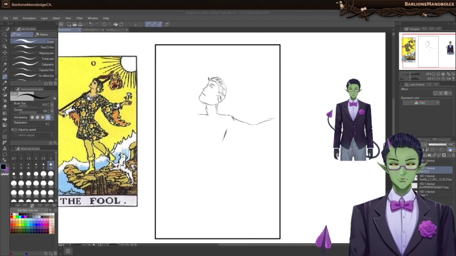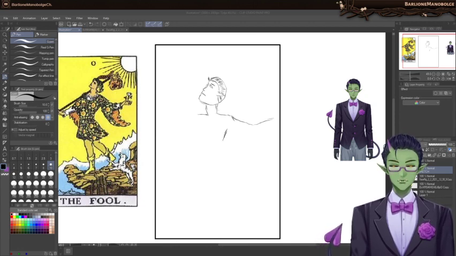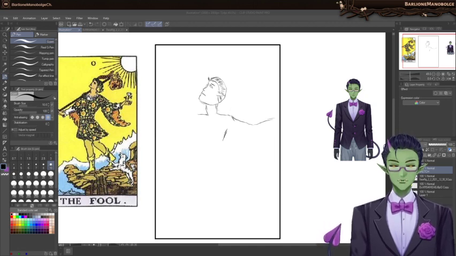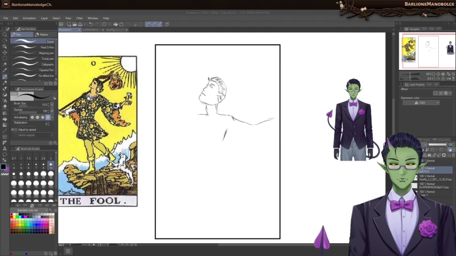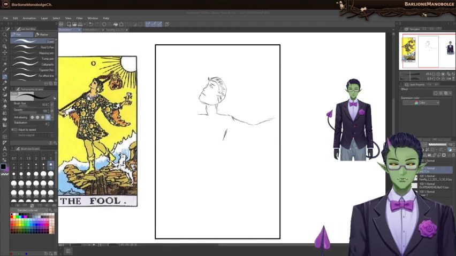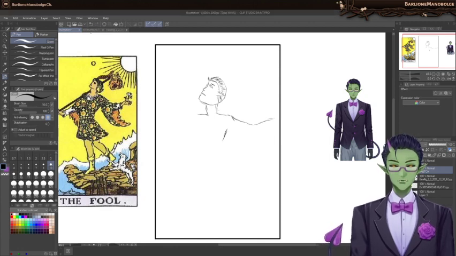When they are upright, they represent balance, moderation, patience, and purpose. And when reversed, they represent imbalance, excess, self-healing, and realignment. Do you have any objection to that? Go ahead and voice it now.